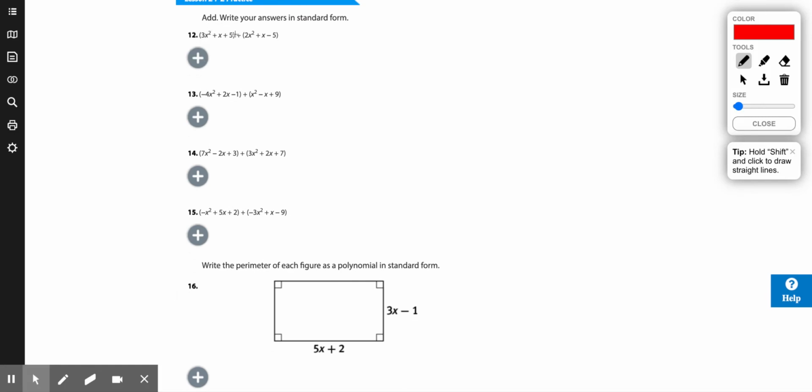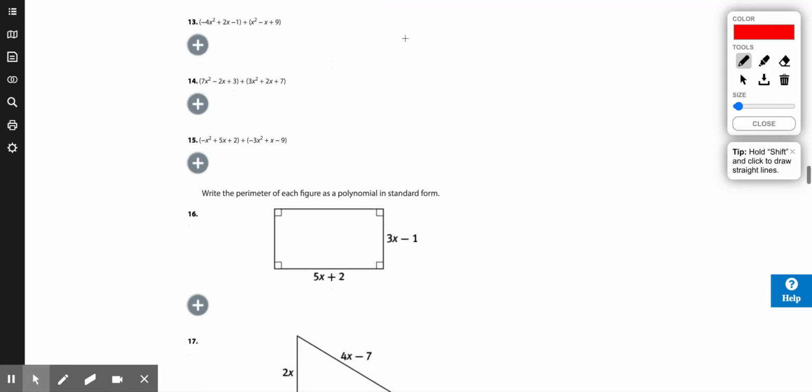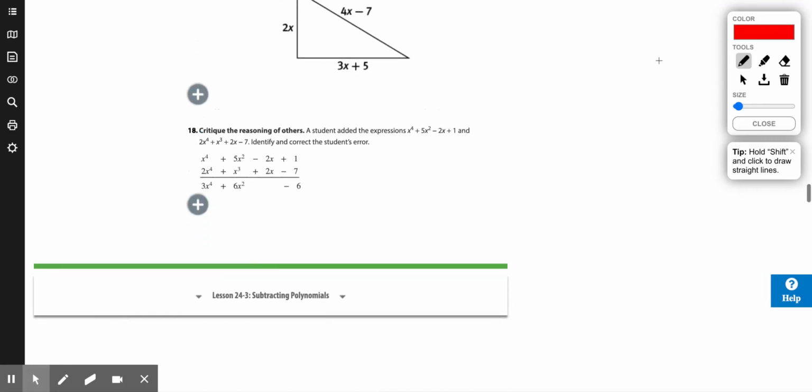Let's see real quick. 3x squared plus 2x squared is 5x squared. x plus x is 2x. 5 minus 5 is 0. So that would be the answer to this one. Remember, your coefficients are 5 and 2. The degree is 2. There are 2 terms, so that's a binomial. It's just combining all the different vocabulary we just had.